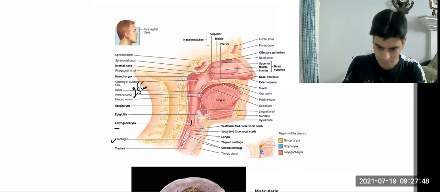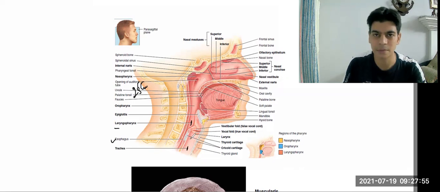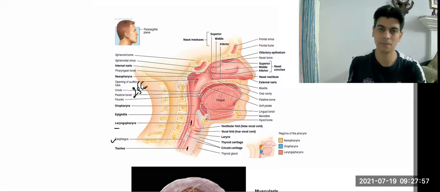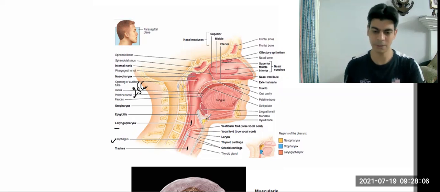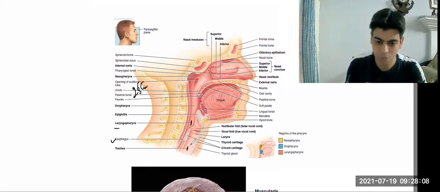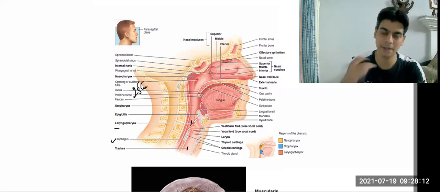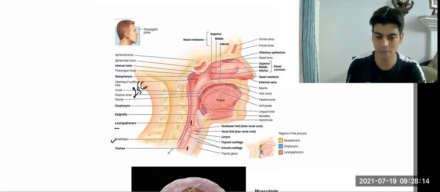And you can see anterior to the esophagus, this is the trachea. The trachea is a windpipe that helps you take in air, and it sends the air that you take from outside into the lungs. So here you have two tubes. One is your trachea that helps to take air and send it to the lungs, and then you have the esophagus, which is posterior to the trachea.